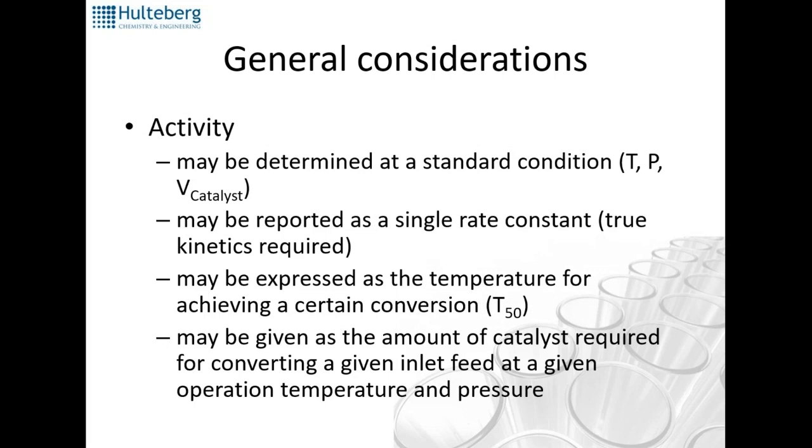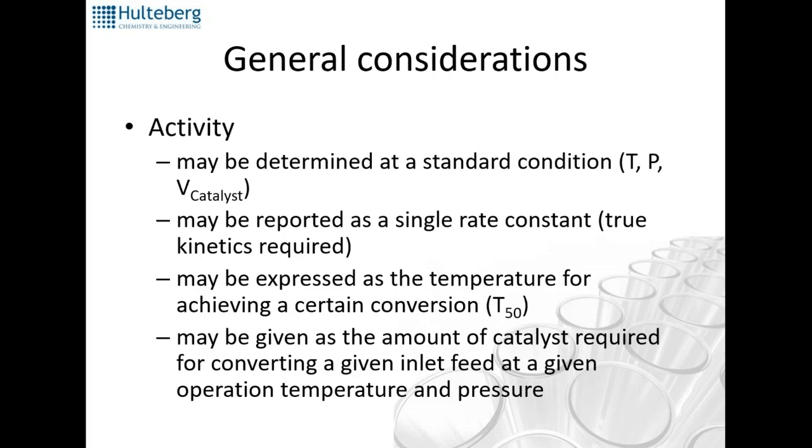You can also express the temperature for achieving a certain conversion. For instance, at 300 degrees, we reach 50% conversion for this catalyst, but for catalyst B, we only need 270 degrees to go to 50% conversion, meaning that catalyst B is more active than the other catalyst.